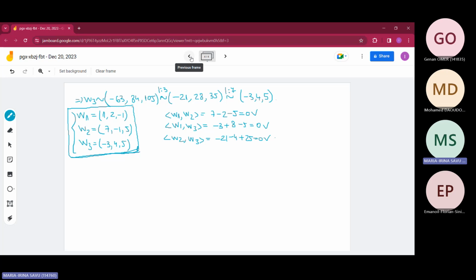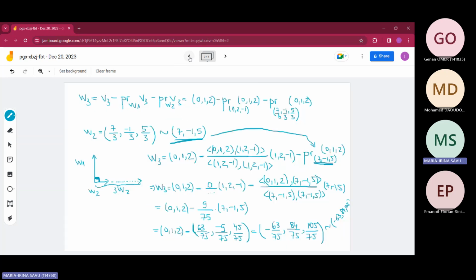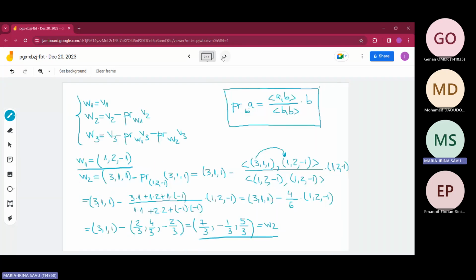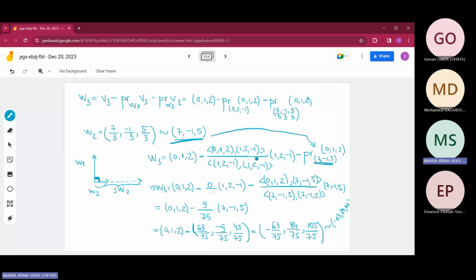Now, from the beginning, you had to check if any of them are perpendicular. If you take a look here, you will see that V3 is perpendicular on V1, because the projection of V3 onto V1 is 0. So V3 is perpendicular on W1, which is V1.